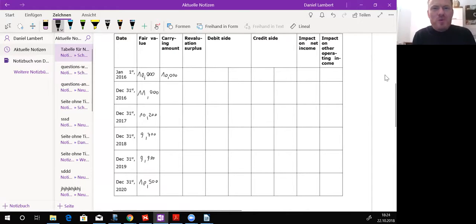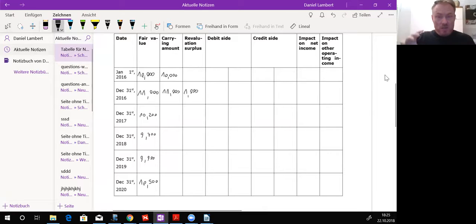So there is no real value, but only value created by men and women. So 11,000, what would you do with it? The thing is, we need to create a so-called revaluation surplus equal to 1,000. Carrying amount will be equal to 11,000.